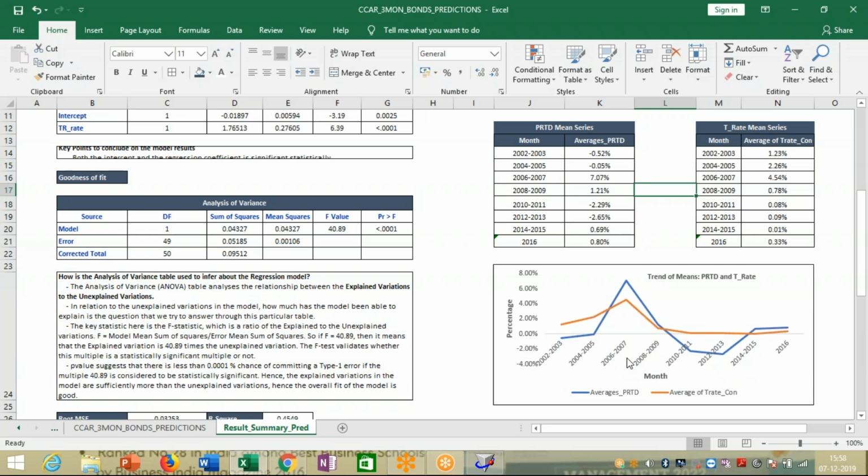One onwards, we'll have this particular thing, right?